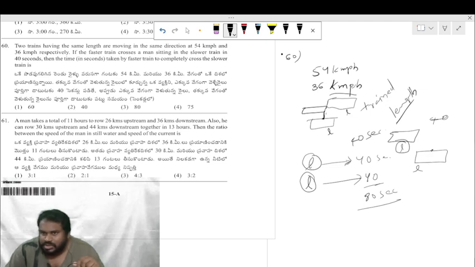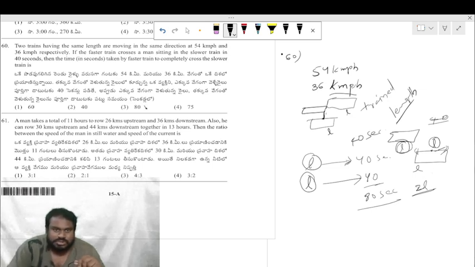But he is not asking about crossing a person, he is asking to cross this whole train, which also has the same length L. To cover L it takes 40 seconds, so again it takes 40 to cover the same L. In total, he has to cover 2L distance. For L it is 40, for 2L it will be 80. Simple question it is, just understanding takes time. Once you understand, then it is easy.